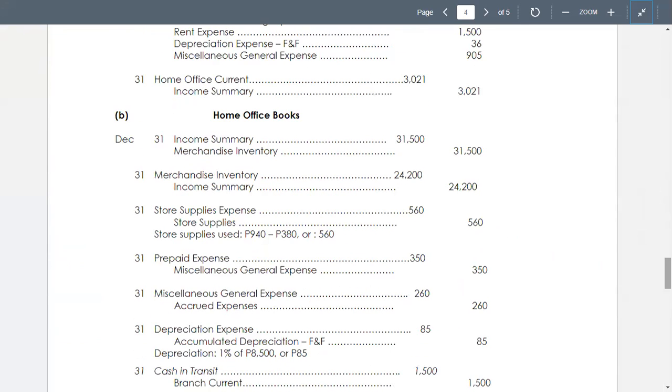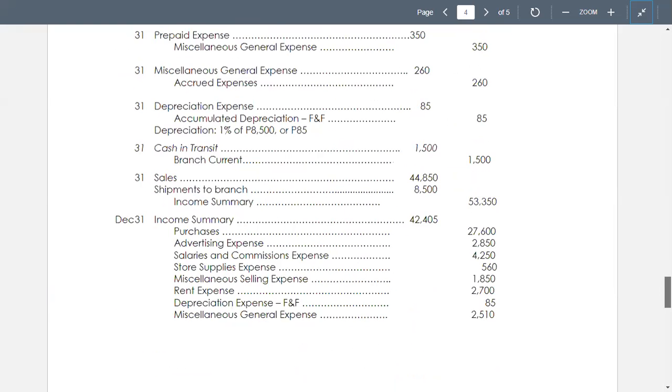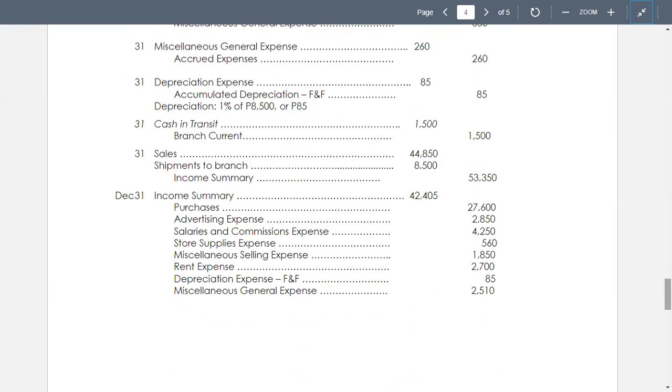We have a credit to purchases 27,600. Credit to advertising expense 2,850. Credit salaries and commission expense 4,250.